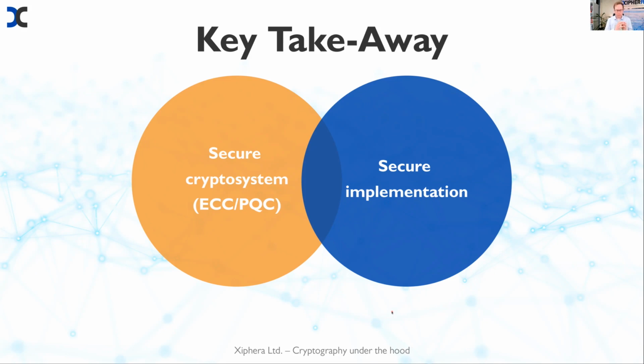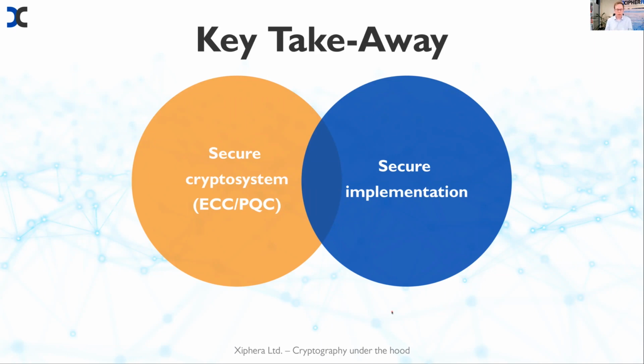That's clear, of course. But it's also very important to have a secure implementation. So you must implement the algorithms correctly with all relevant checks. It must also be protected against the side channel attacks that are relevant for your system.